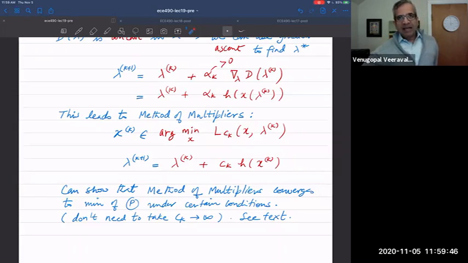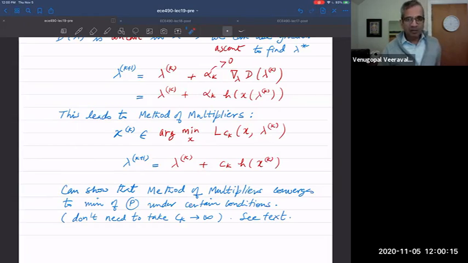But you can show that something like that actually does hold, even though you're increasing ck in this case. It's a little beyond the scope of this class to get into those details.